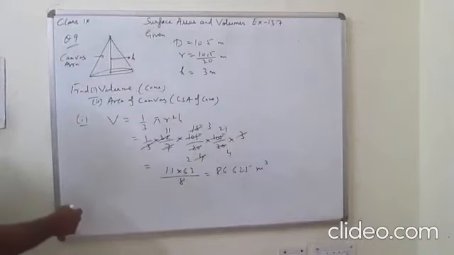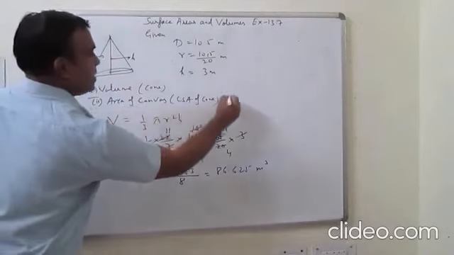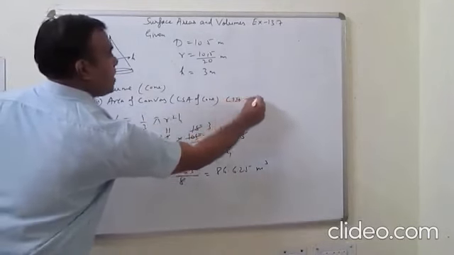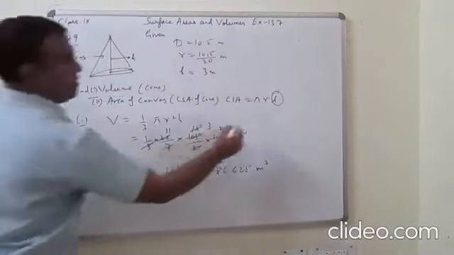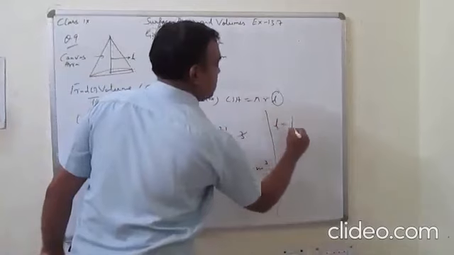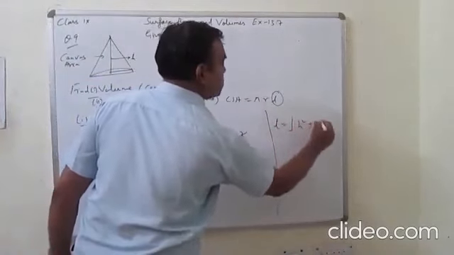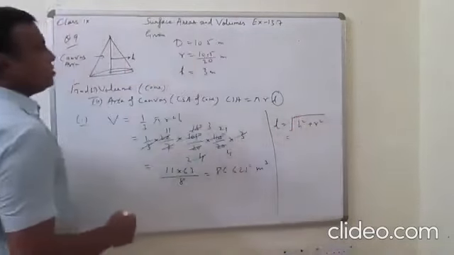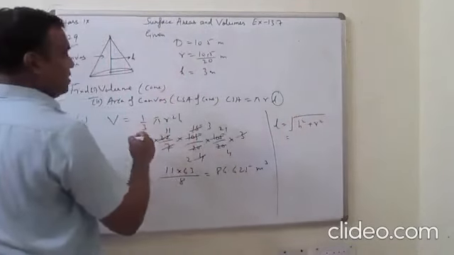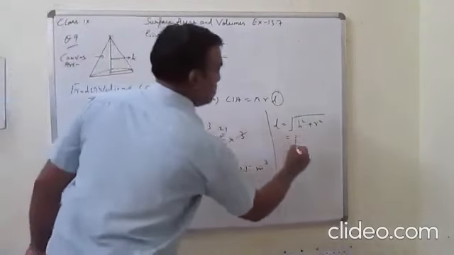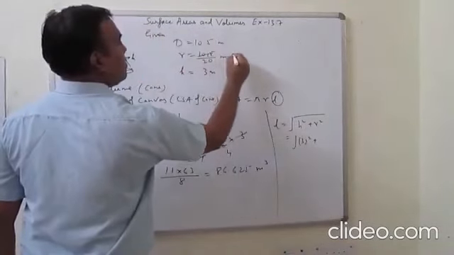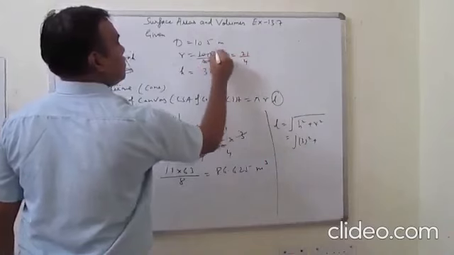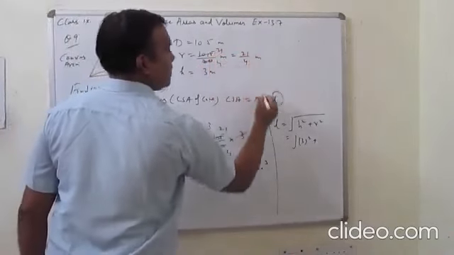Now we have to find the CSA. In CSA you know that it is pi r l. L you don't know. First we find the slant height. Here we can find the slant height. L is equal to under root h square plus r square. What is h? It is 3. And if you cut it you will get 21 upon 4 meter.